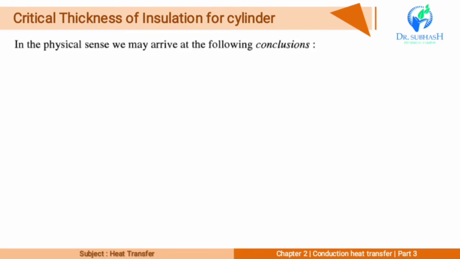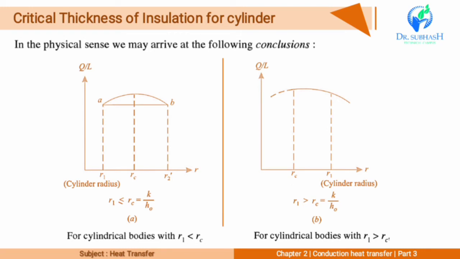In physical sense, we may arrive at the following conclusions. Number 1. For the cylinder bodies with R1 less than Rc, figure A, the heat transfer increases by adding insulation till R2 is equal to Rc as shown in figure. If insulation thickness is further increased, the rate of heat loss will decrease from this peak value.